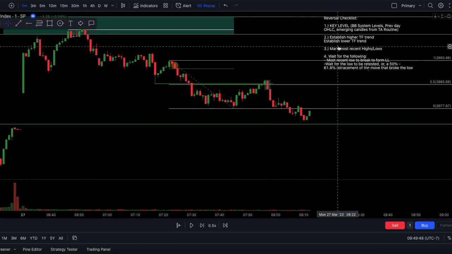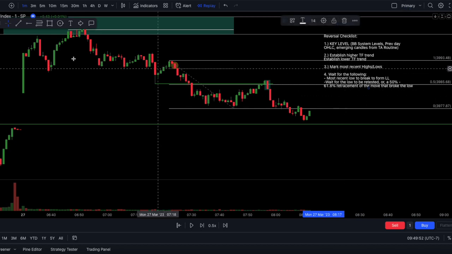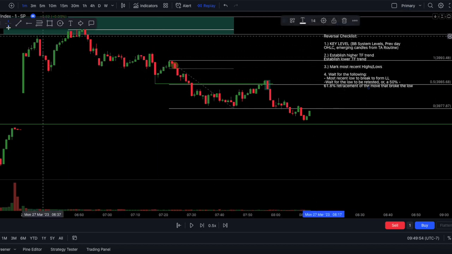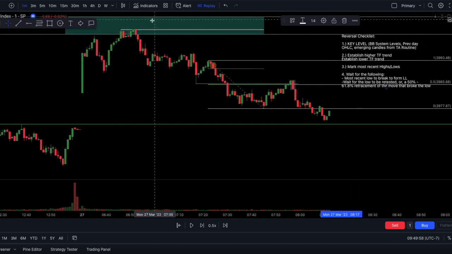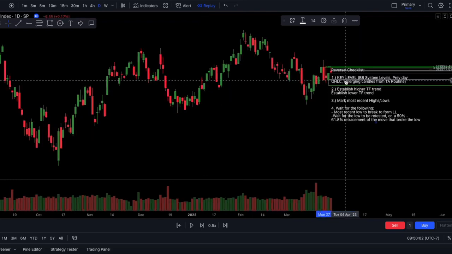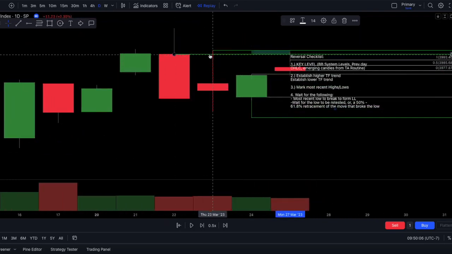But yeah, that's really what I look for with trading this setup. Number one, first and foremost, don't ignore this: it needs to be a key level from a higher time frame, which again, if we go back, we got these levels from the 2-day ago high as well as the 3-day ago open, which is also the 4-day ago close.